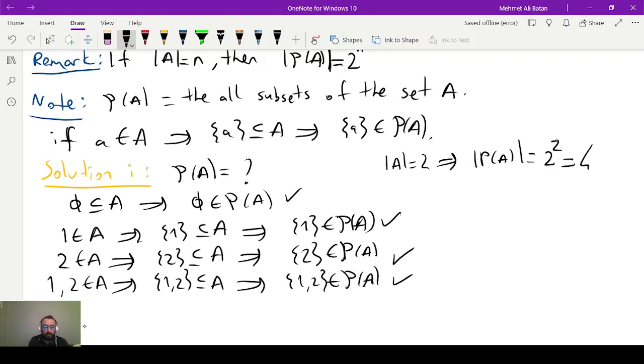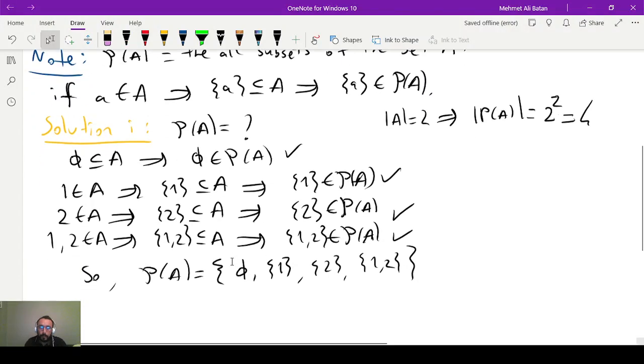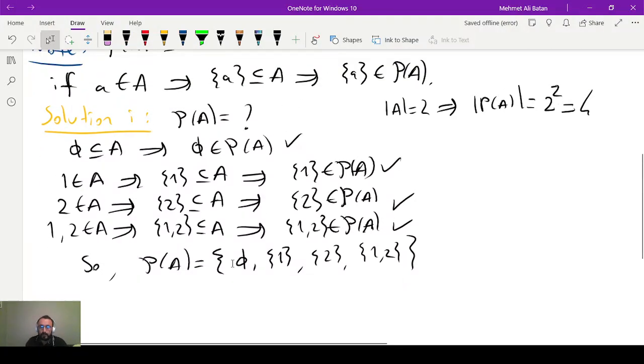So the power set of A contains 4 elements which are the empty set, the set which contains only 1, the set which contains only 2, and finally {1, 2}. Okay, as we said before, the cardinality of the power set of A is equal to 4. Actually, you can see it is true.